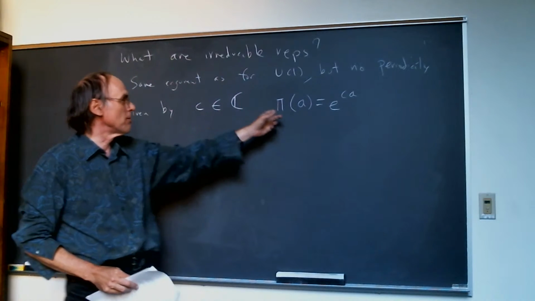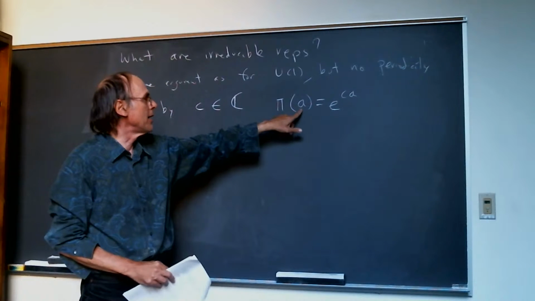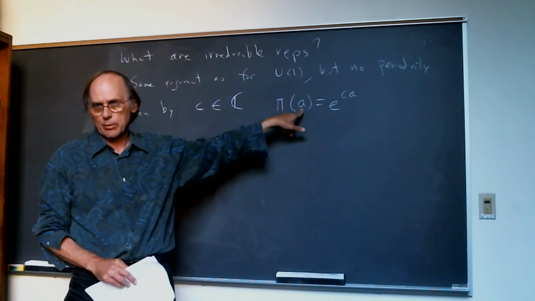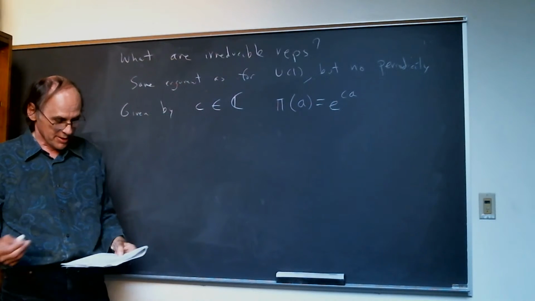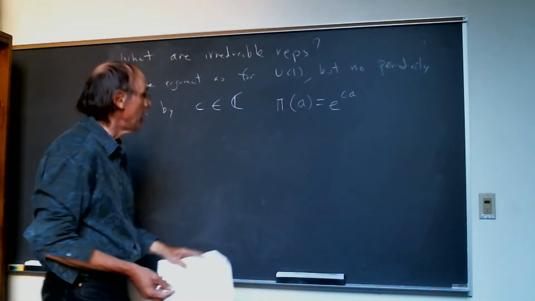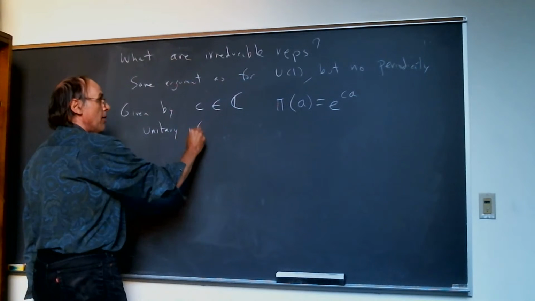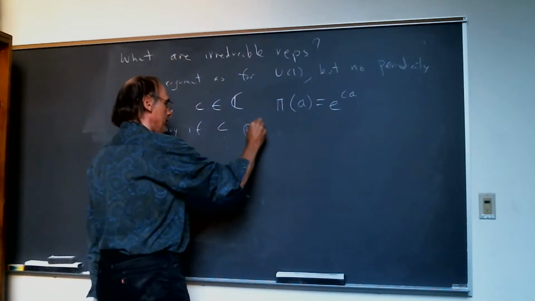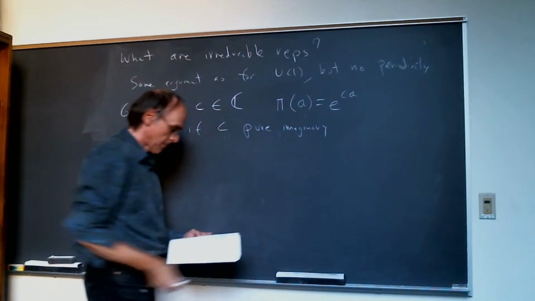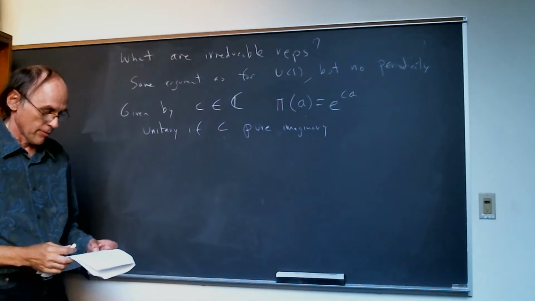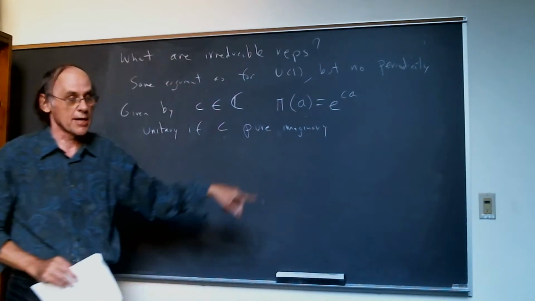So you're getting one-dimensional representations, labeling A as some point in the group or a point in the Lie algebra equivalently, pi of A equals e to the CA. And they're unitary if C is pure imaginary. So if these are purely imaginary, you get a unitary representation.